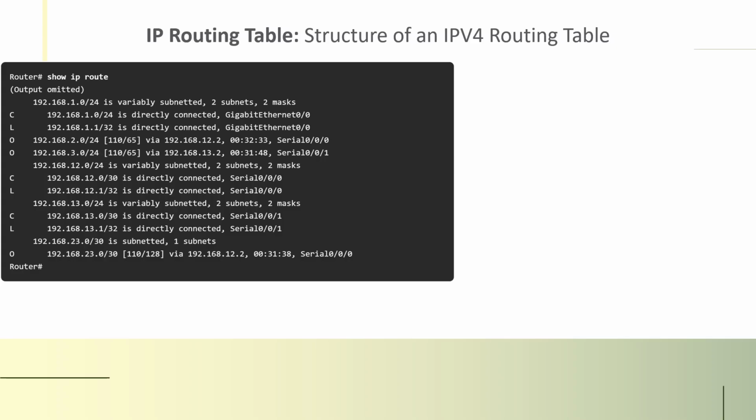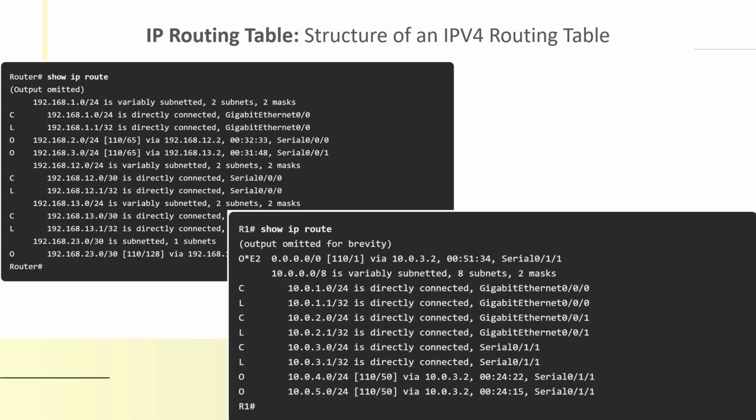The child route will include the route source and all the information such as the next hop address. The classful network address of this subnet will be shown above the route entry, less indented and without a source code. This route is known as a parent route.